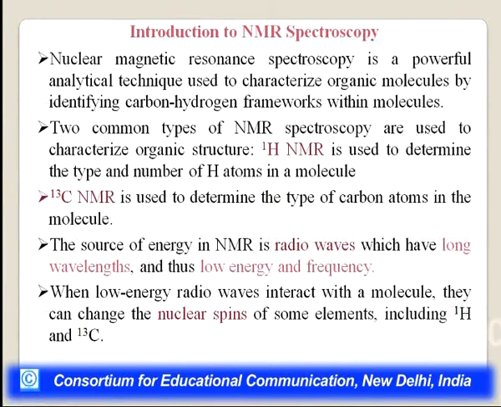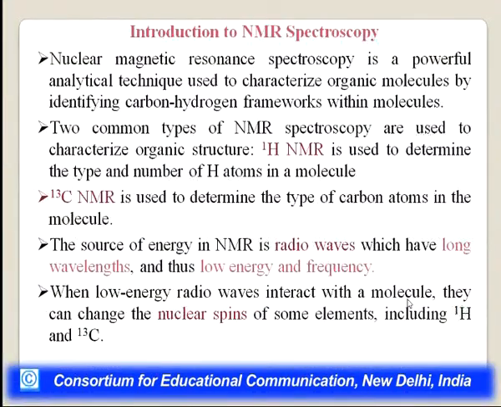So to take the NMR spectrum, we have to use radio wave electromagnetic radiation, which has long wavelength and thus low energy and low frequency, as we have discussed about the relation of energy difference for the particular transition, hc by lambda or h nu. When low energy radio waves interact with a molecule, they can change the nuclear spins of some elements, including proton and carbon.